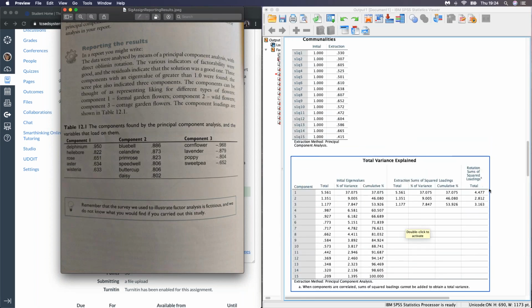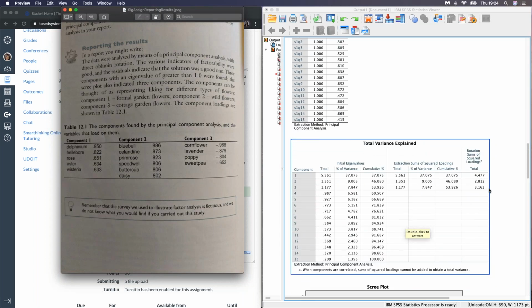And mine was table 8, but yours might be a different number depending on how many tables you have. So my table looks kind of like this, but of course it's labeled a little bit differently because we're not looking at different kinds of flowers. I still have my component 1, component 2, and component 3, but then I have it loaded with the different names of the questions.